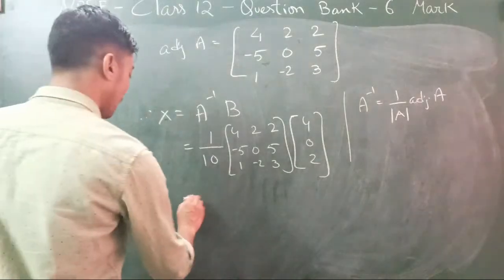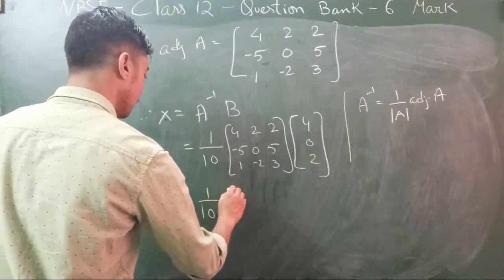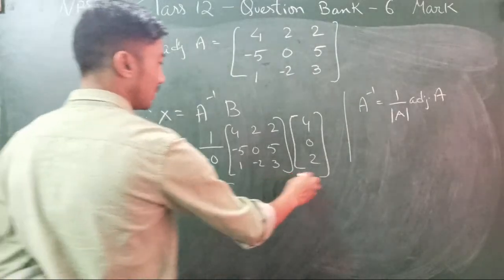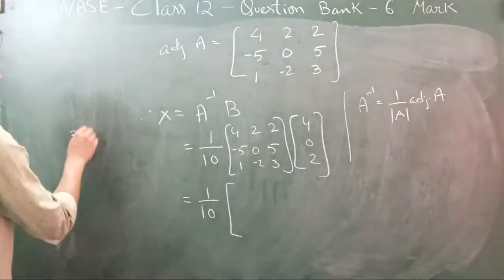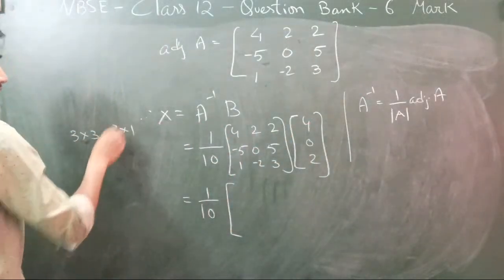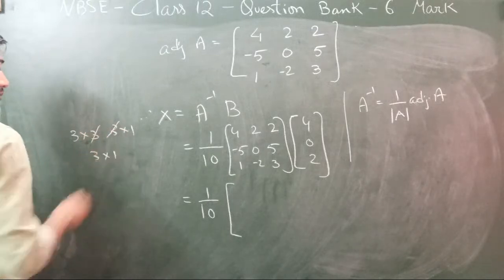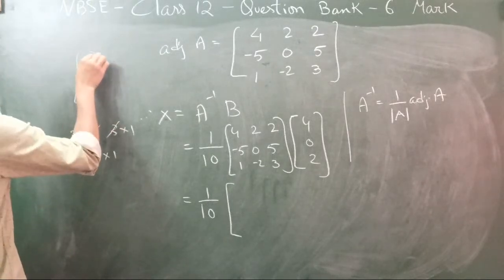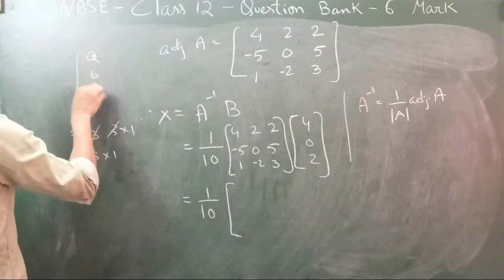So that's going to be 1 by 10. Now this is a 3 by 3 matrix, and this is a 3 by 1 matrix, so the new order will be 3 by 1. That's going to be again a 3 by 1 matrix.